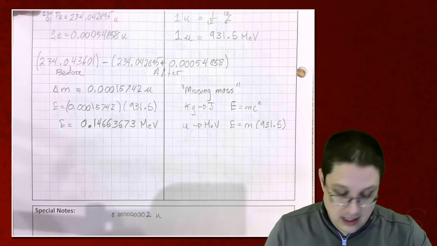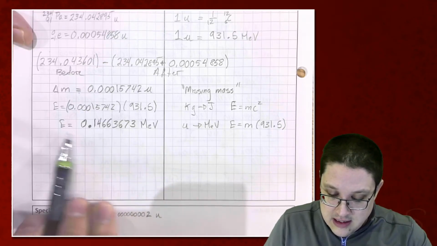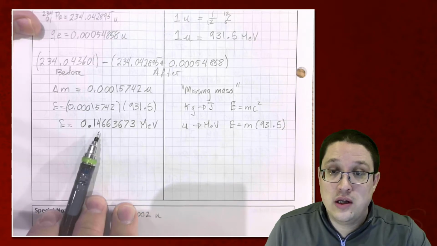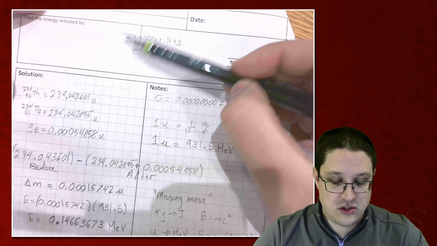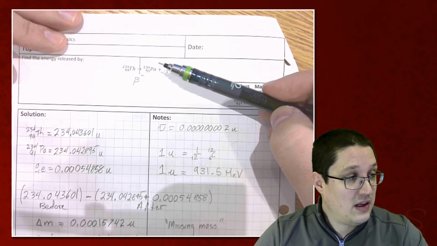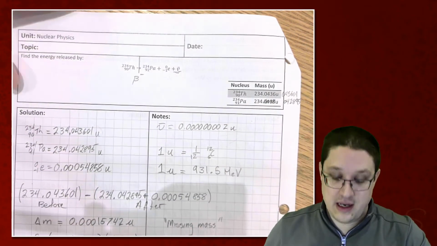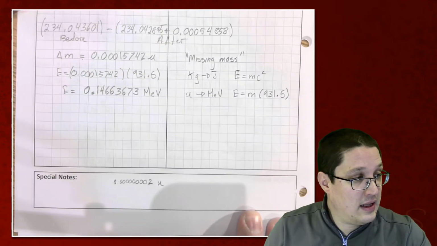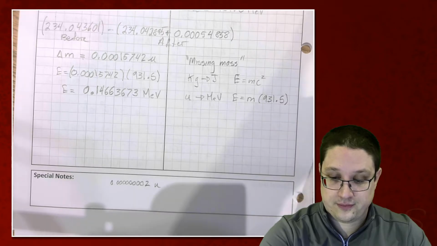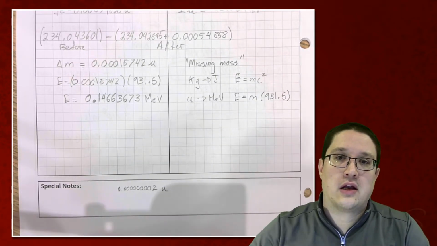Now, the interesting thing about this is that is very small compared to the binding energy in either of these two nuclei here. If I look at the binding energy of these nuclei, I have a lot more binding energy in there than is released by this reaction.